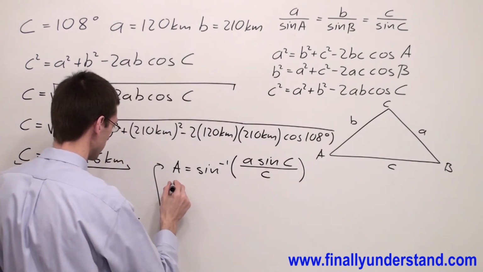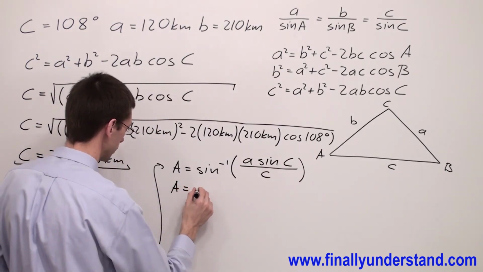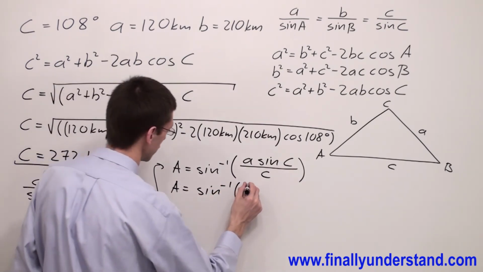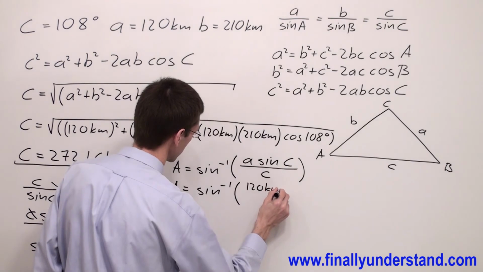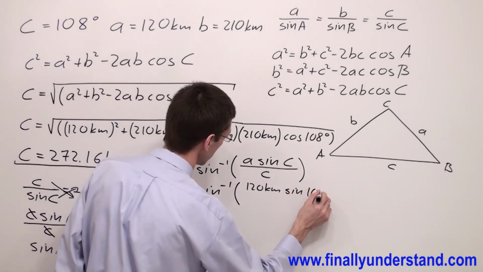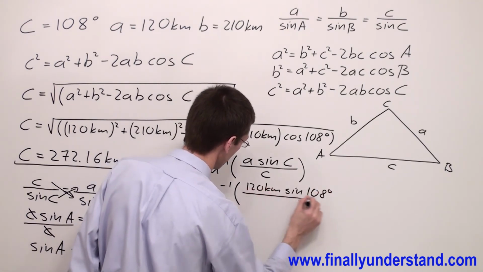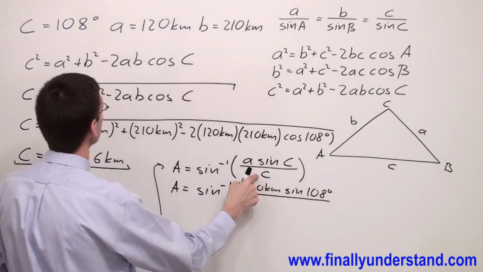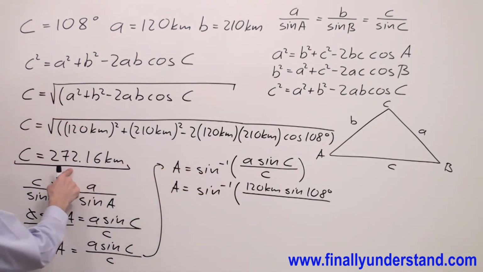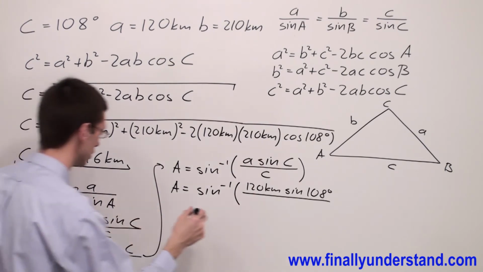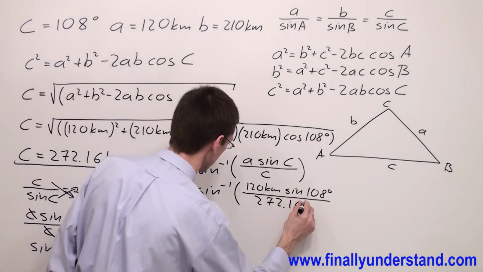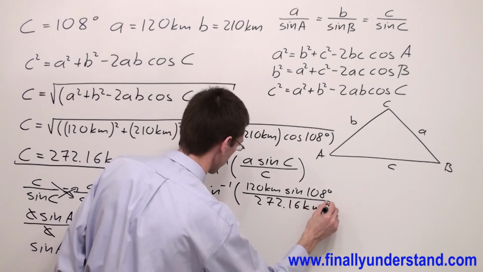Plug in the numbers, and we are going to have inverse sine of side A, which is equal to 120 kilometers, sine of angle C, which is equal to 108 degrees, over side C, which is equal to 272.16 kilometers.